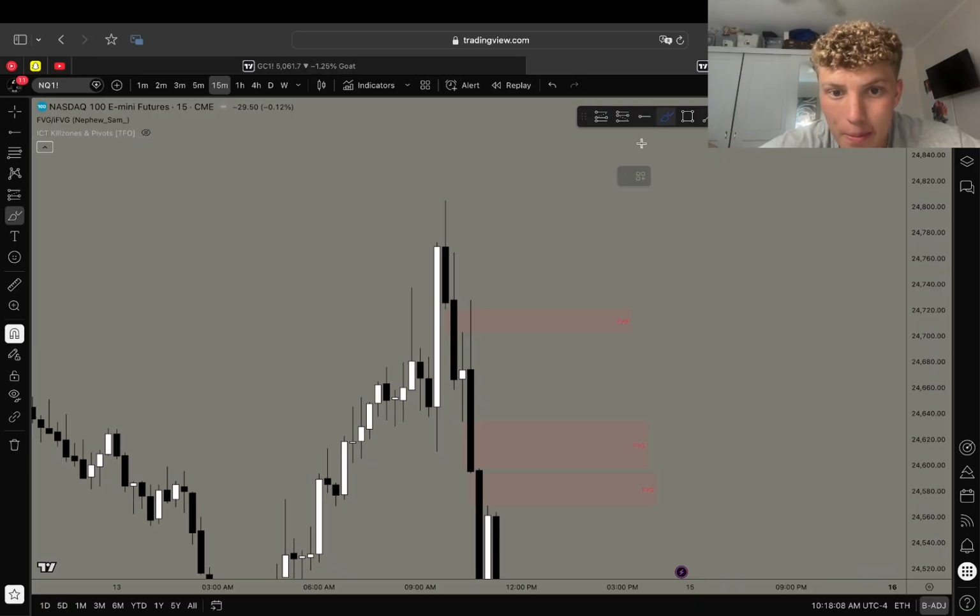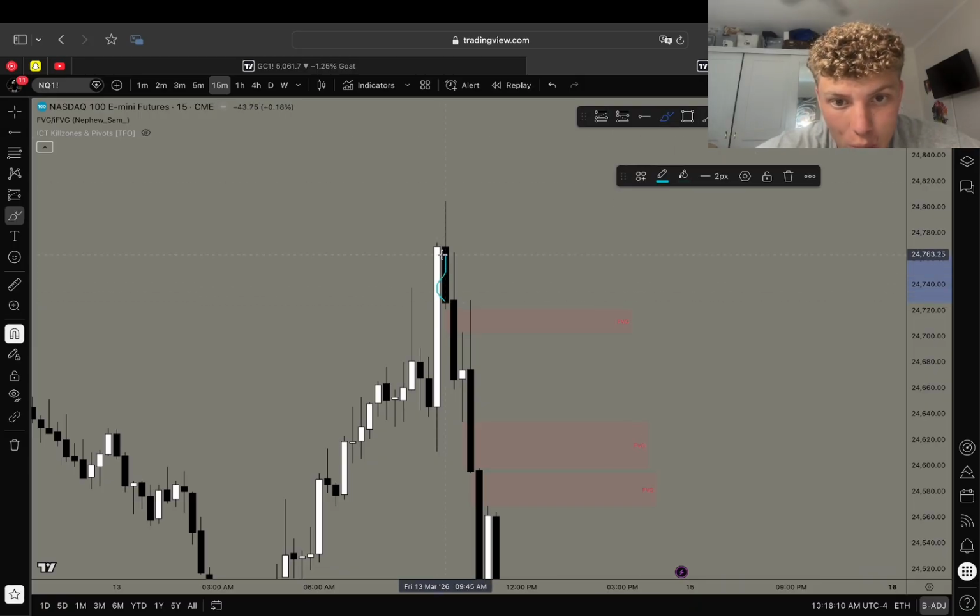We can see here, bang, candlestick 1, a bearish candlestick. Candlestick 2, another bearish candlestick. But we've got a bullish candlestick here. It doesn't really matter that this is a bullish candlestick as long as these wicks aren't overlapping. As we can see here, these wicks do not overlap.